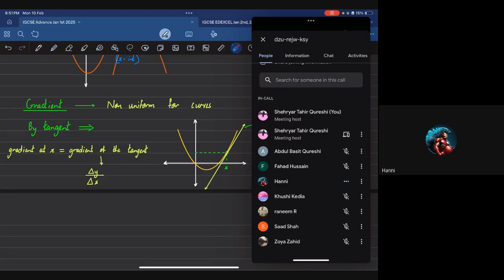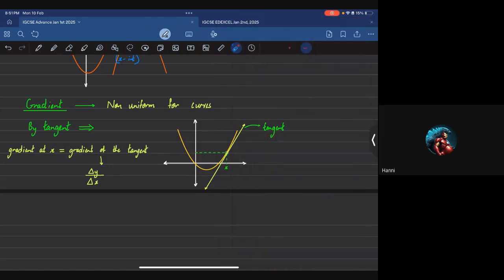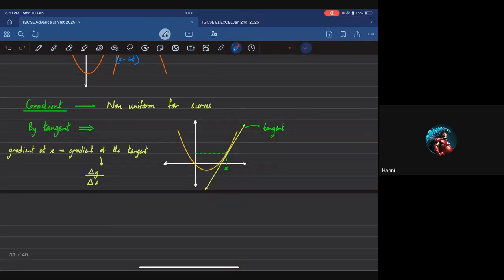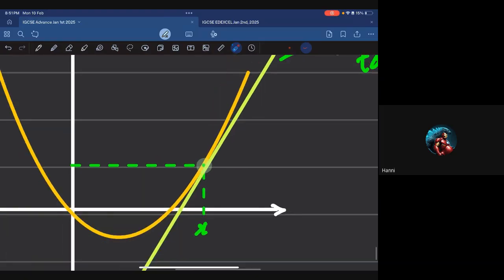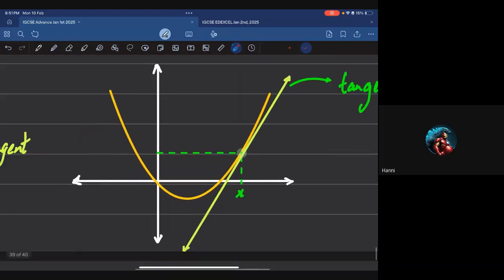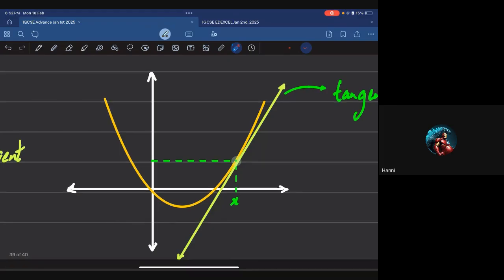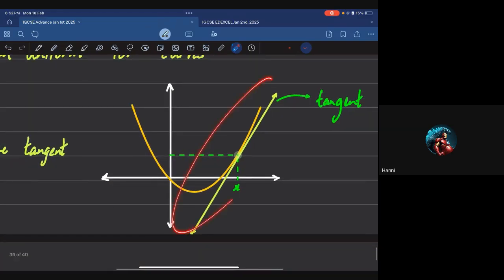Well done, Honey. The gradient is ever changing, right? At this point, let us zoom in. At this point, the gradient is something else. At this point, it is going to be something else. Similarly, there are millions of points on the curve. Are you going to draw millions of tangents? No, I'm not dumb. Why would I waste so much time trying to draw tangents? And also, it's never going to be an accurate representation.